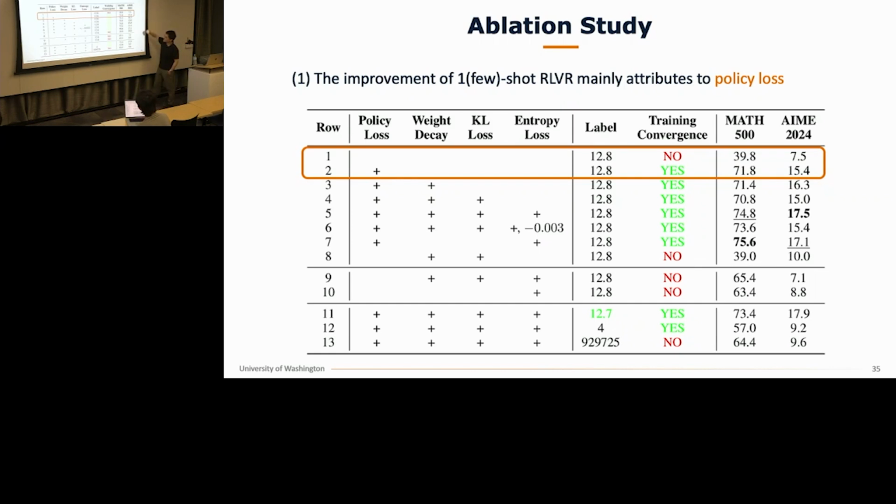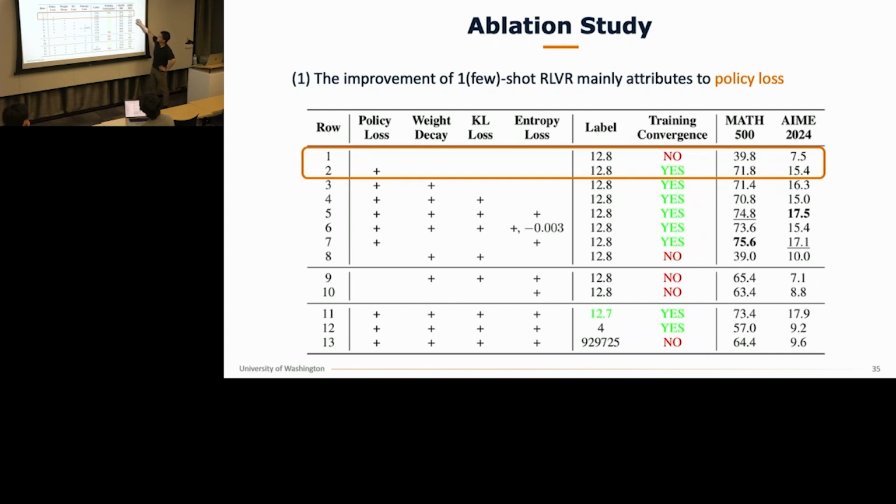First of all, without any of these, if you're testing the pre-trained model, you get the first line of results: 39.8 and 7.5 here. First we observe that the policy loss is most important.